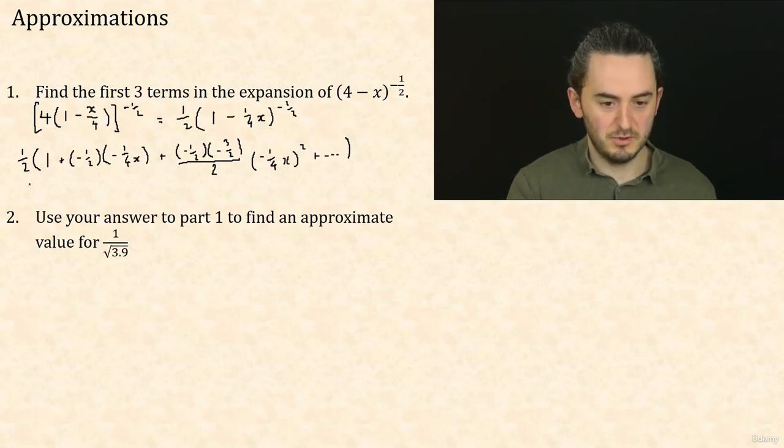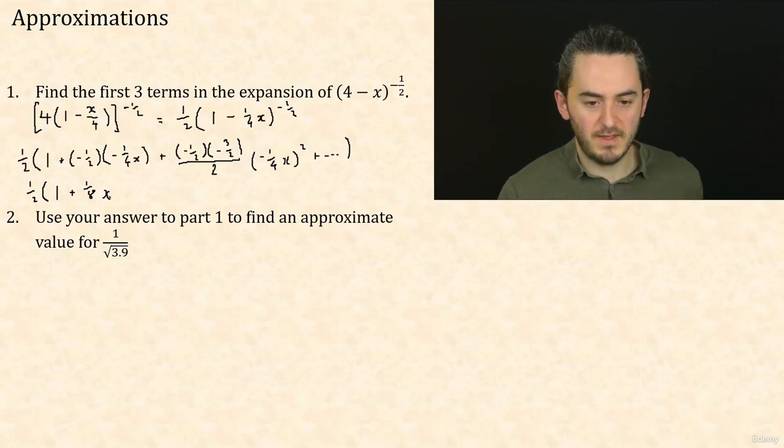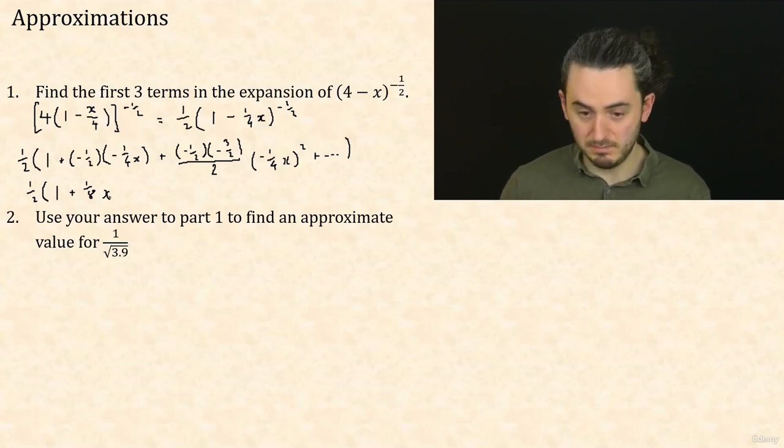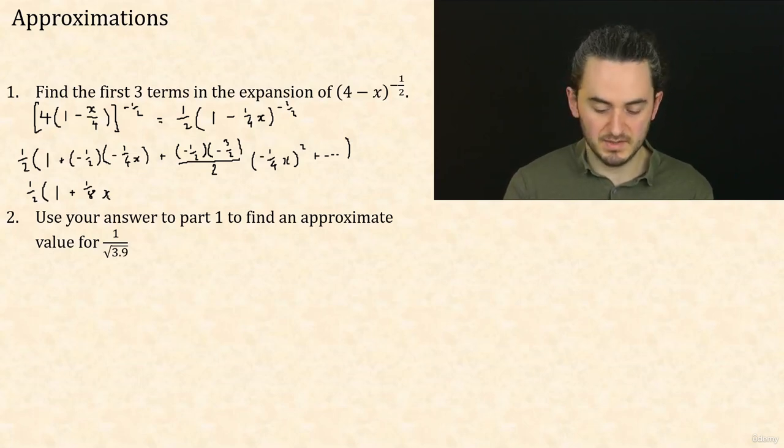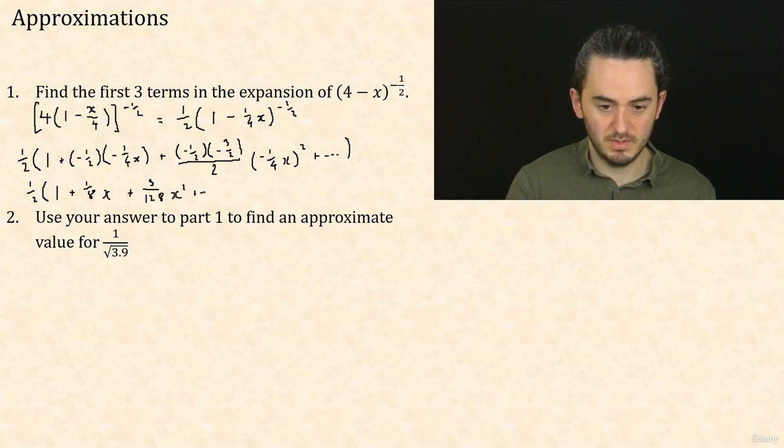Okay, probably haven't got enough room here, but we'll see what we can do. So that's a half times 1, and then I've got minus half times minus a quarter, which is plus 1/8 x. And then for the next one, I've got minus a half times minus 3 over 2 divided by 2 multiplied by minus 1/4 squared, and that is plus 3 over 128 x squared, plus dot, dot, dot.